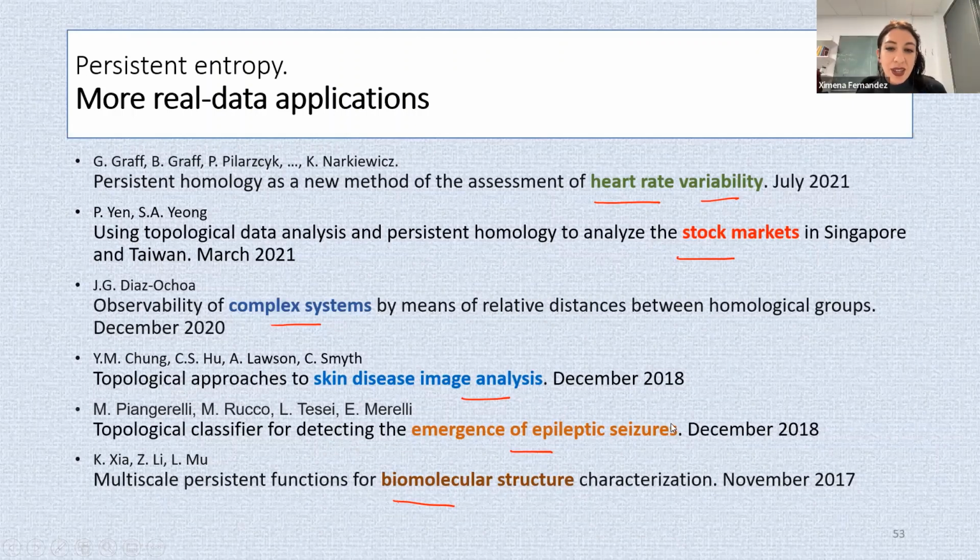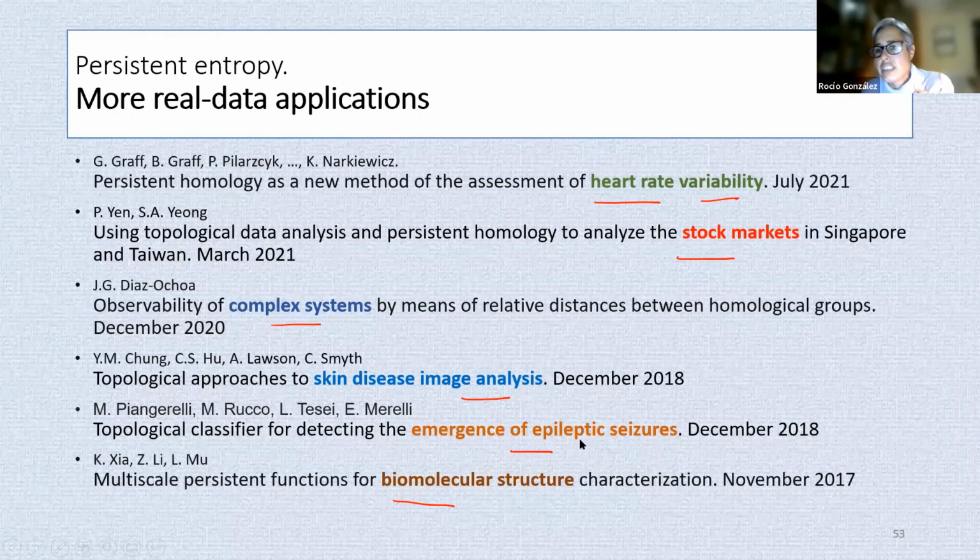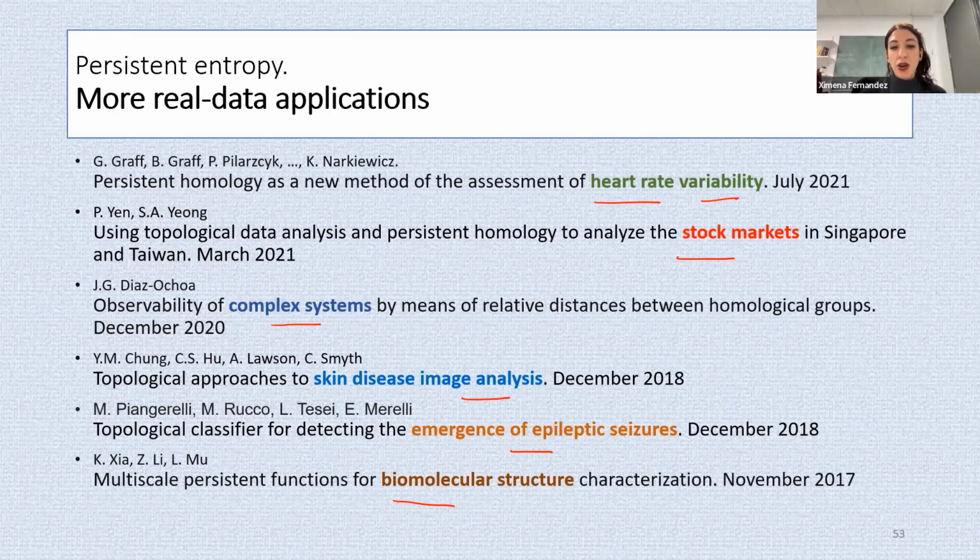I know that he divided the time series into windows, and for each window, he computed the correlation between the time series, and from this, he computed the persistent entropy, but I don't remember the details. Okay, I will look at this paper. Yes, because it works really well in this kind of signal where the common behavior of the signals really changes. Okay. Thank you.